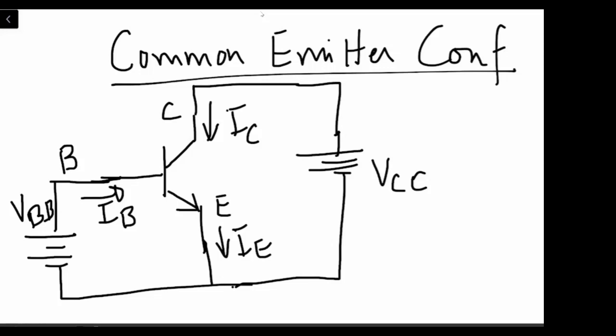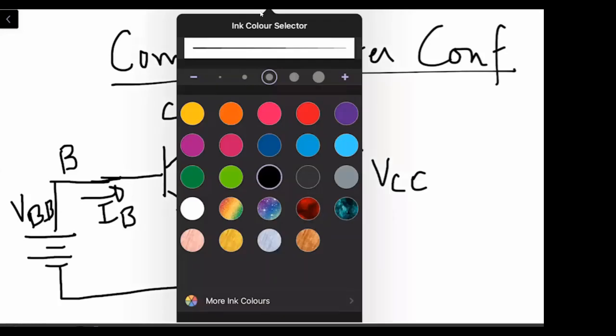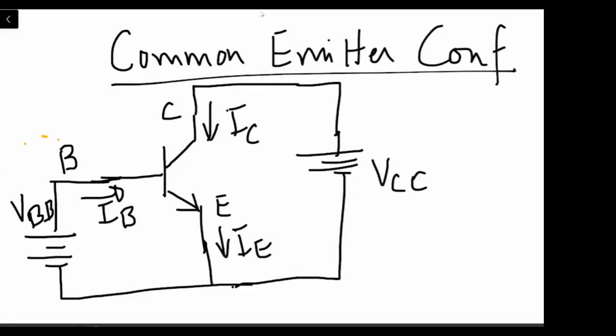Now within this circuit, the dotted part over here is representing the input side, and the other dotted one is representing the output side, right?